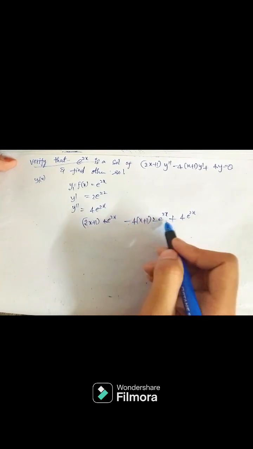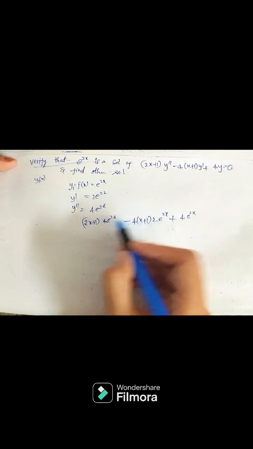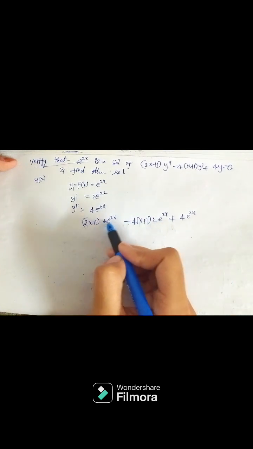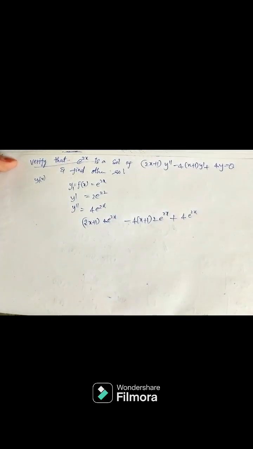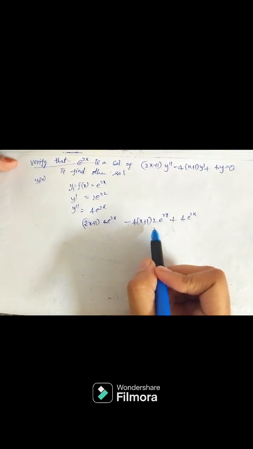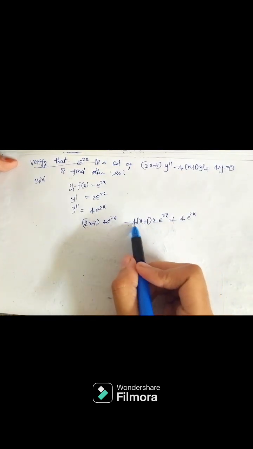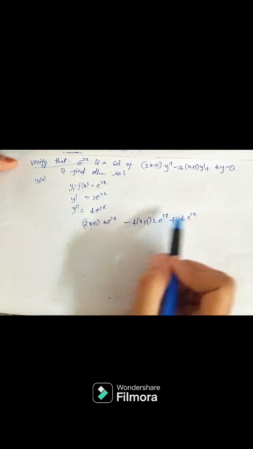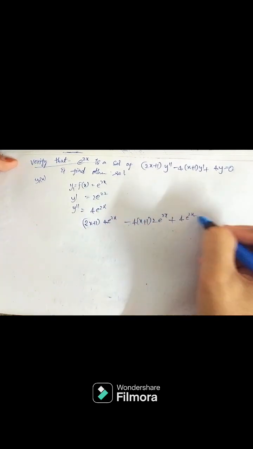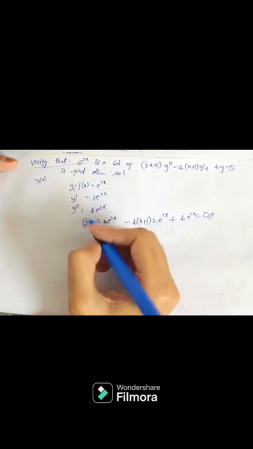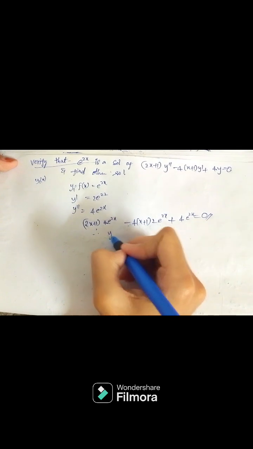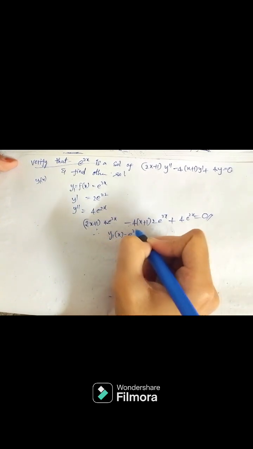So I think this cancels, and 1 is here 4, and here you'll get minus 4, and minus 4 2s are 8. So 4 plus 4 is 8, minus 8. So it's getting cancelled, it is becoming 0. Therefore y1 of x equal to e power 2x is one solution.